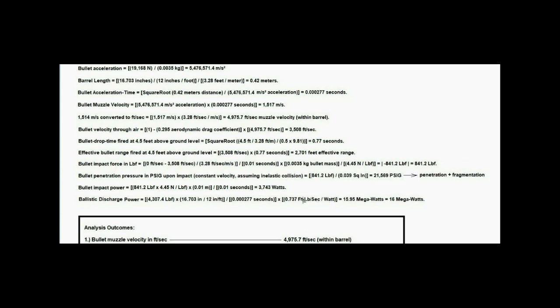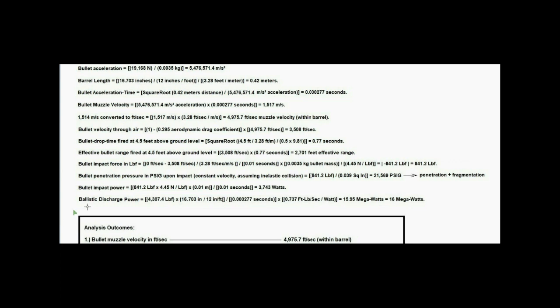This is because 1 Newton of force moving 1 meter is a joule, and 1 joule per second is a watt. So there's 0.737 foot-pounds per 1 Newton meter of work, or 1 joule of work. Therefore 0.737 foot-pounds per second is equal to 1 watt.